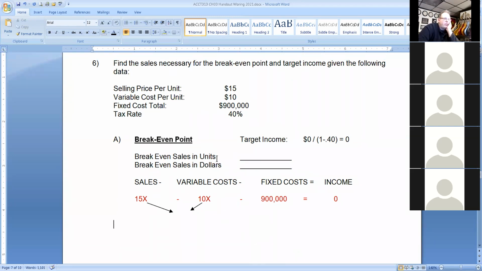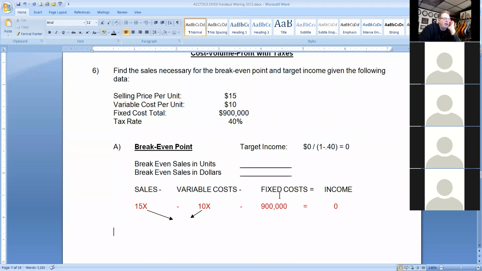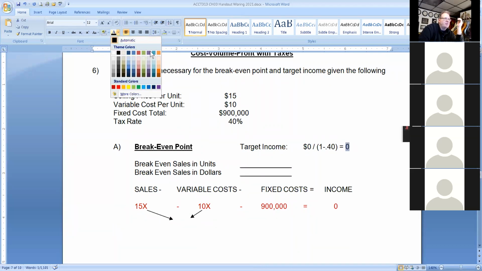So this will be the setup for the break even, and again, that's going to be the same.